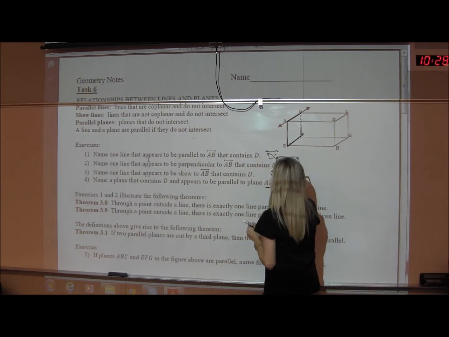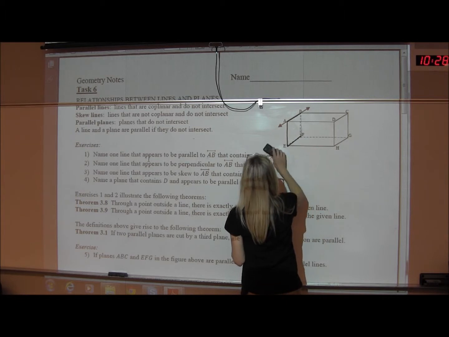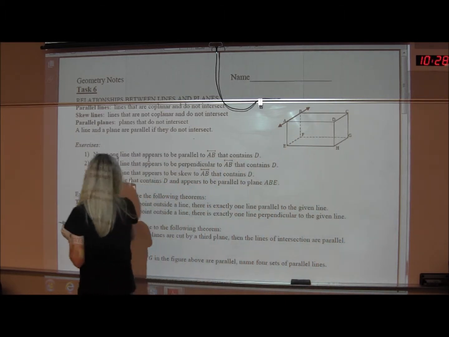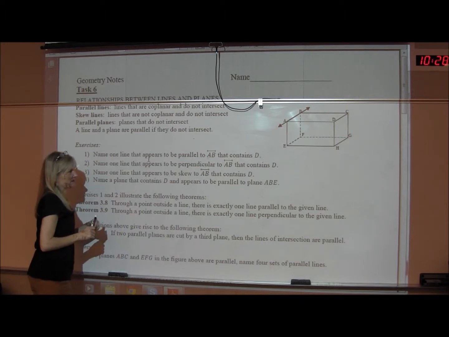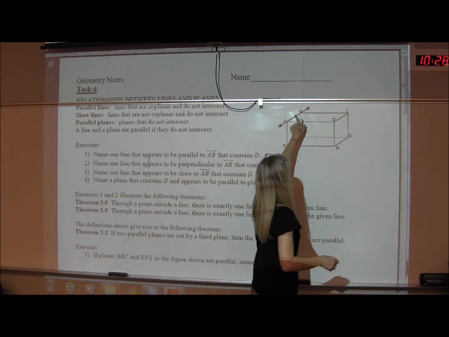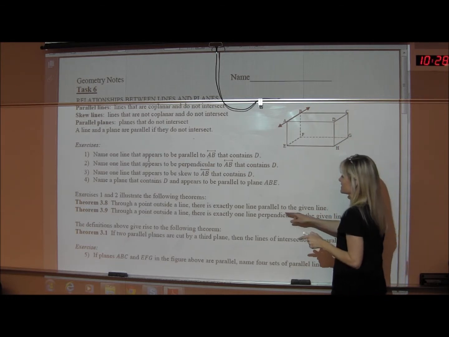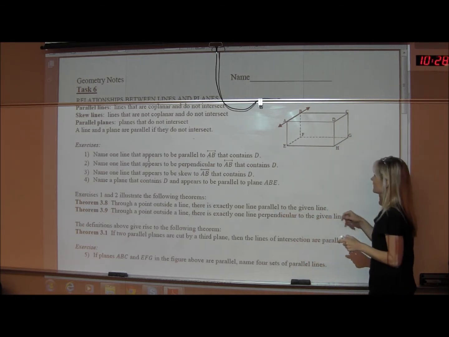Now, the first two here illustrate a couple of theorems. Through a point outside a line, so we had the line AB and a point outside that line, which is D, there is exactly one line parallel to the given line.